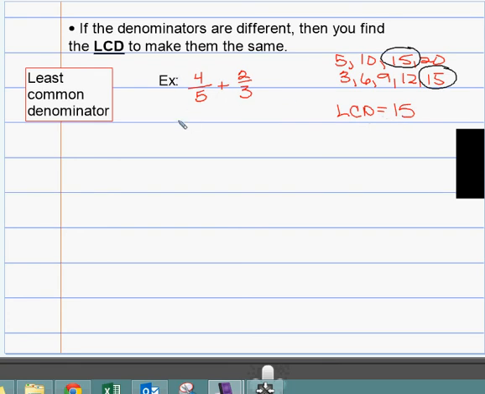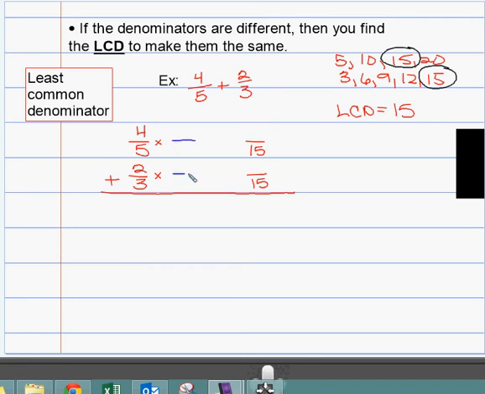What do we do with that? Well, we're going to take 4/5 and we're going to take 2/3, and I'm going to write them like this just so that I can see the process happen. I need to multiply each of these fractions by some number so that I get 15 in the denominator. Okay, so what number am I going to multiply by?